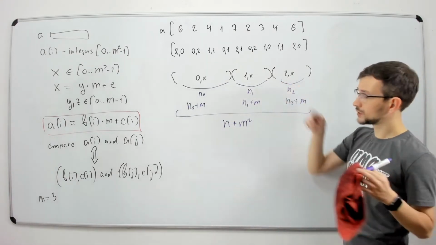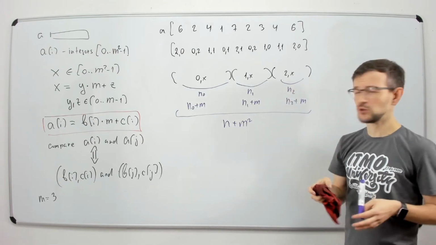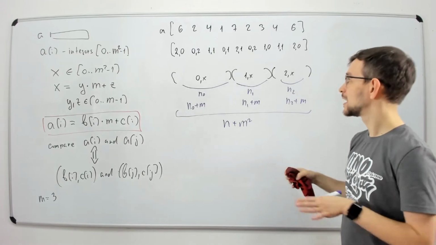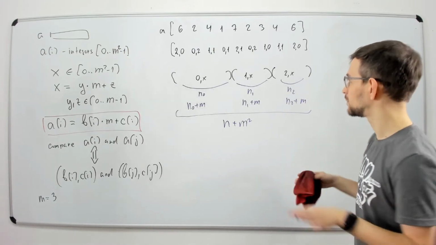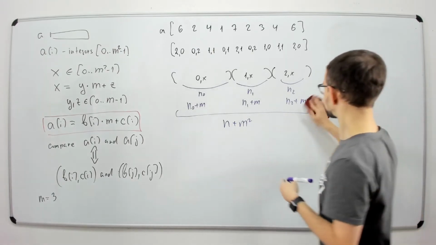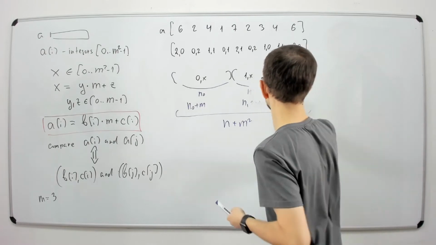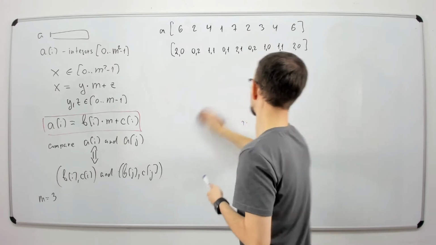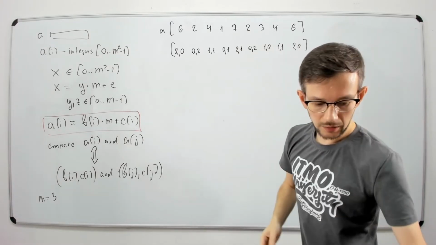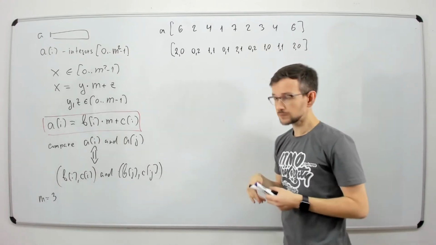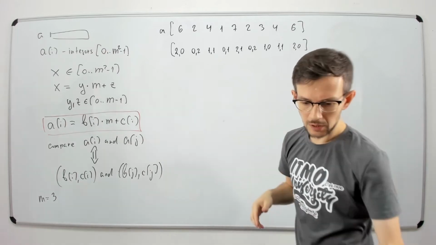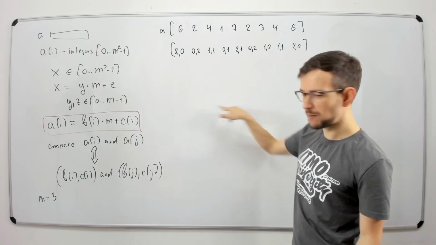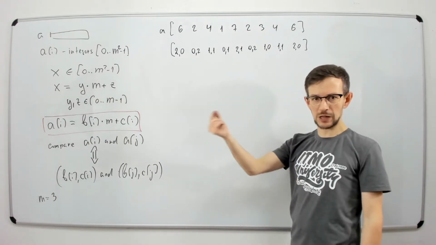So instead of doing it like this, you can improve it to work in n plus m time, but it's complicated. The easiest way to solve this problem is to do the following. Let's do it in the opposite order. It is m squared, because we have m blocks and we have plus m for each block.